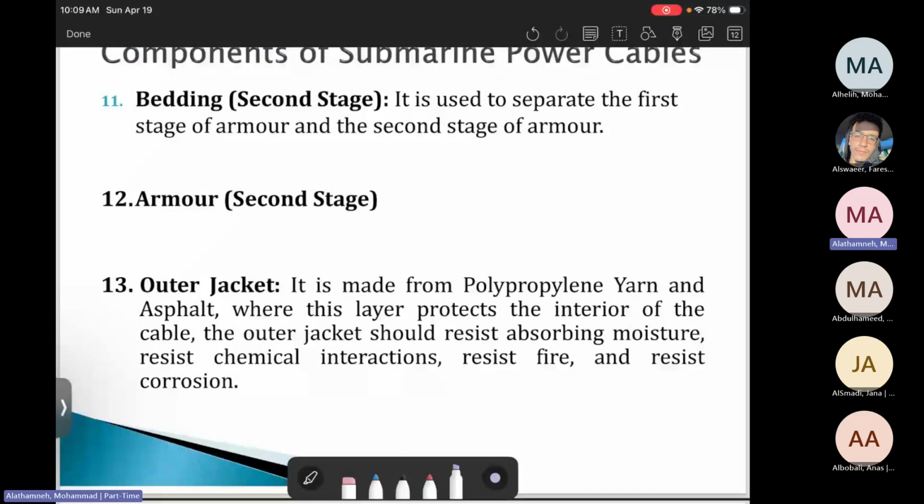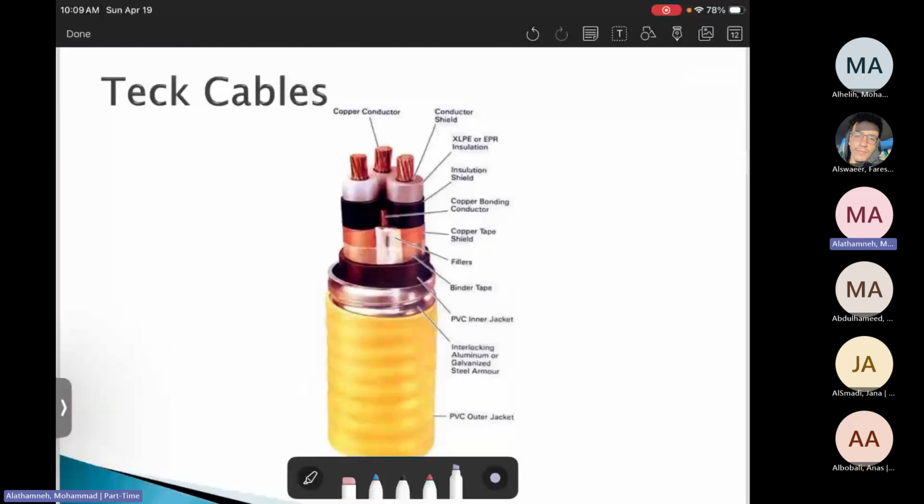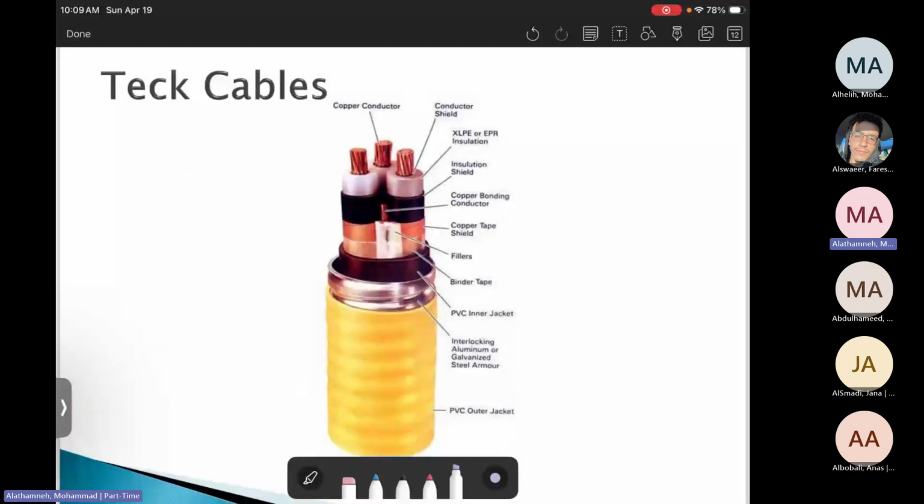Now there are different types of cables here. This cable is called a thick cable. The thick cable is basically a heavy armored industrial power cable, and it's very common. This one is in Canada, and the conductor can be either copper or aluminum.